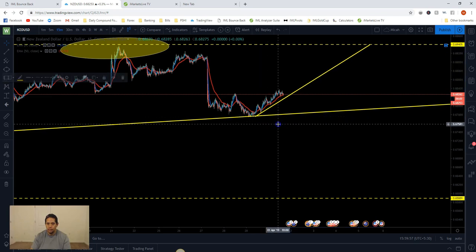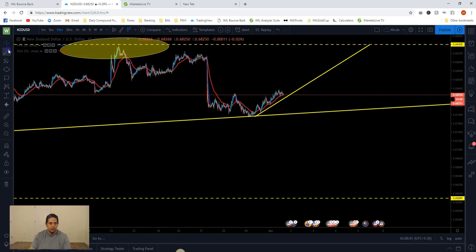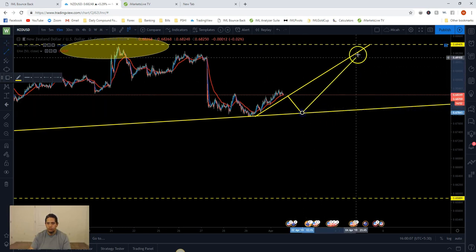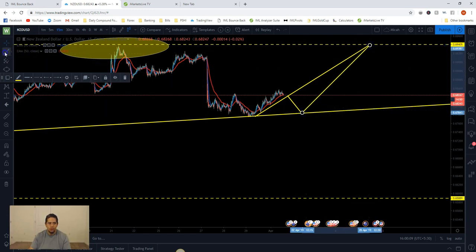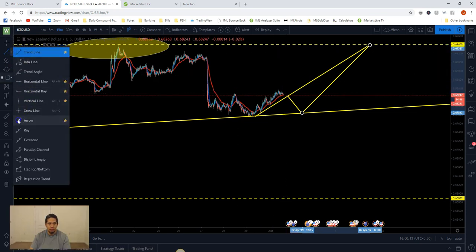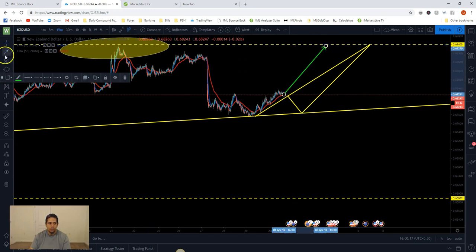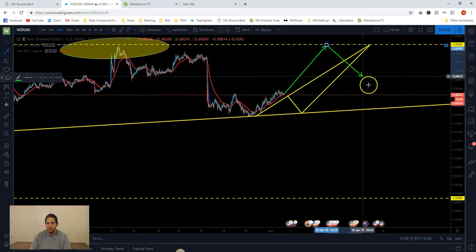Right, so 2 things can happen. In fact, 3 things, right? You could get a break here for the move back up, or you could have this keep going back up, right? Up here and then down.